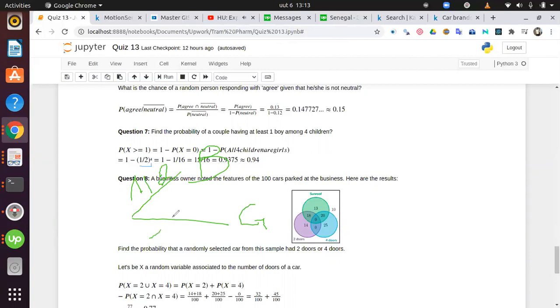Yes, I got it. Now we are in the case that they got a girl. The second child is also a girl, the third one is also a girl, the fourth one is also a girl. So it makes 1/2 times 1/2 times 1/2 times 1/2, and you get 1/2 to the power 4. Yes, I got it. Okay.